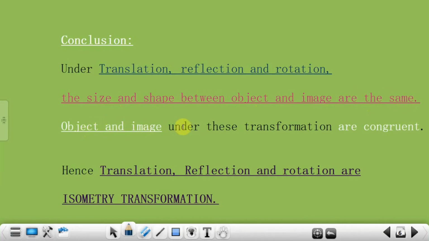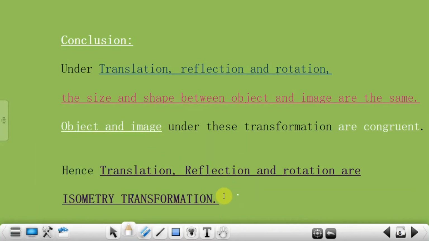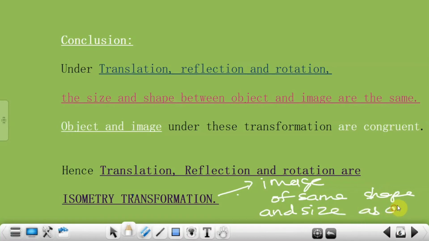So object and image under these transformations are congruent. Hence, translation, reflection and rotation are isometry transformations. In other words, an isometry transformation is a transformation that will produce an image of the same shape and size as the object.